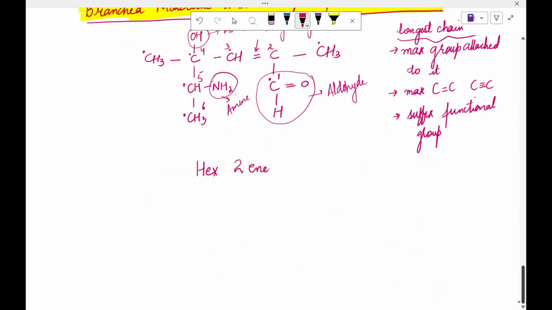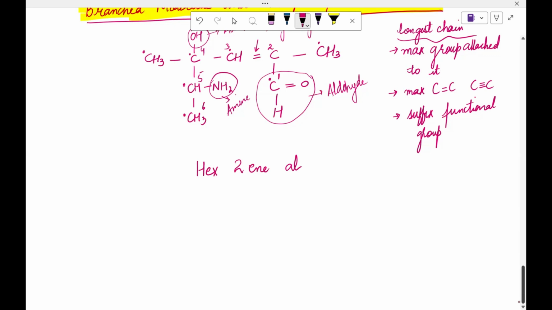I have told you that we are going to add some of them in the suffix. So aldehyde is there, so I'm going to add this one in the suffix. That would become hex-2-en-al.